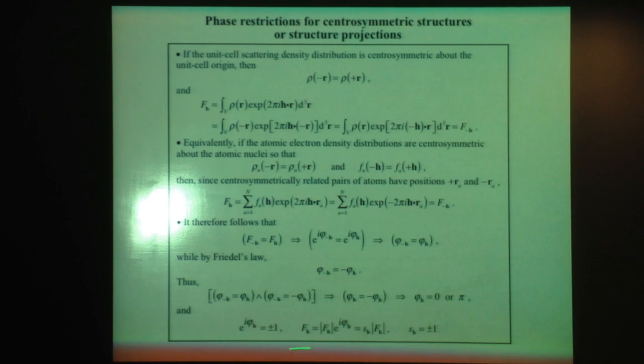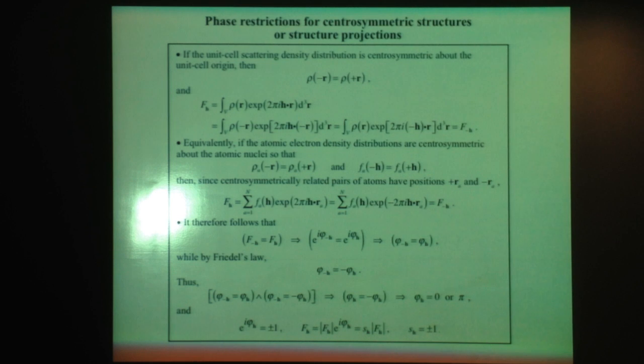And what that means is e to the i phi evaluates to either plus 1 or minus 1. So the crystal structure factor is just a matter of algebraic sign, plus or minus 1, times the structure factor amplitude.